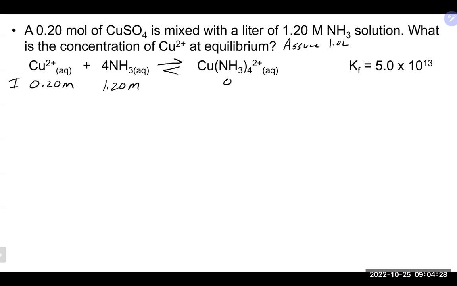Now, one of the things that we do when we do these type of problems is we're going to make an assumption that because of the K value, which in this case is 5 times 10 to the 13, that is a very, very large K value, which means when I reach equilibrium, should I mainly have reactants or products?